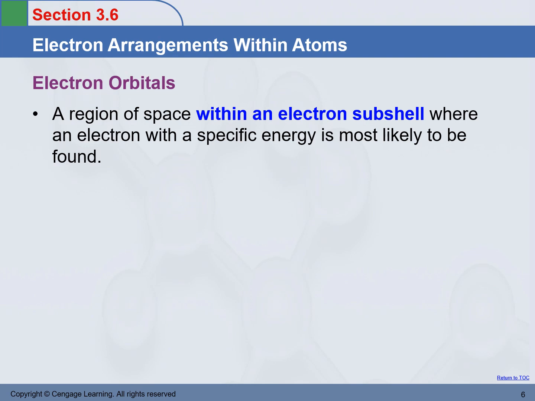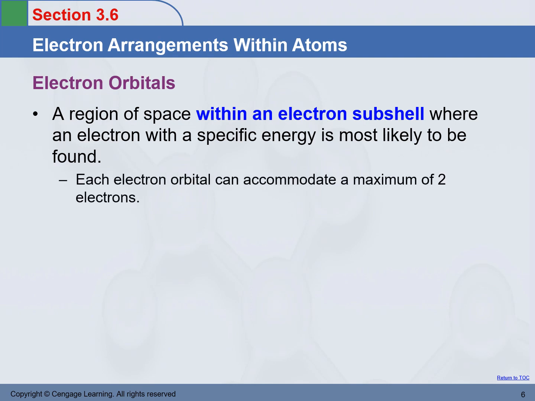The difference between an orbital and a house is that a house can be bigger or smaller and can hold a different number of people. However, each individual orbital for electrons can always hold up to 2 electrons.